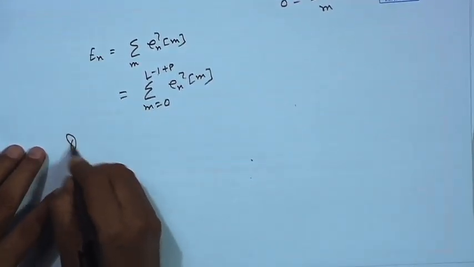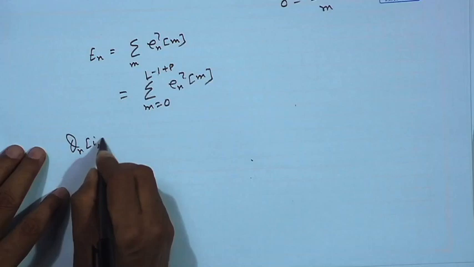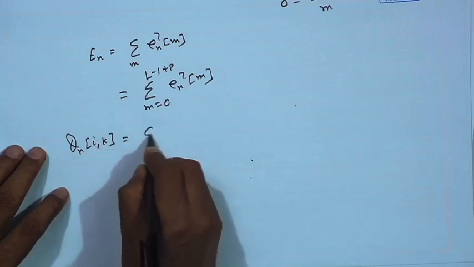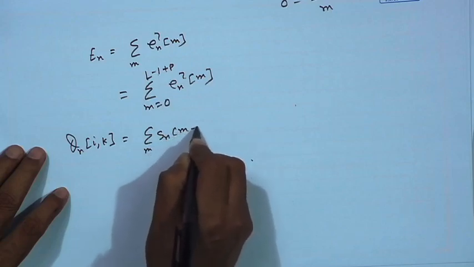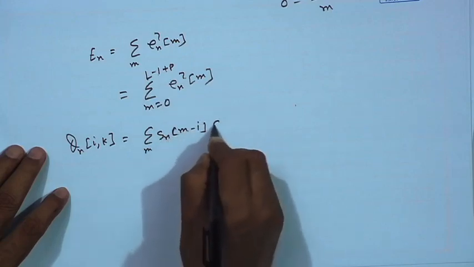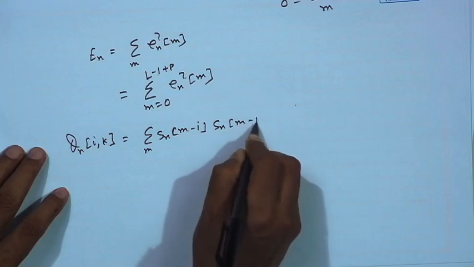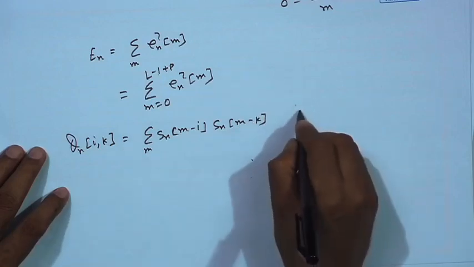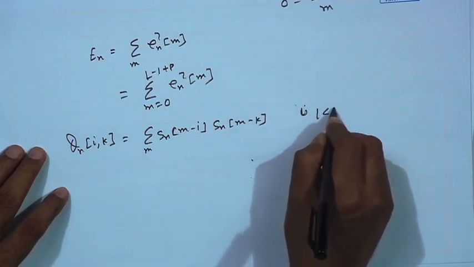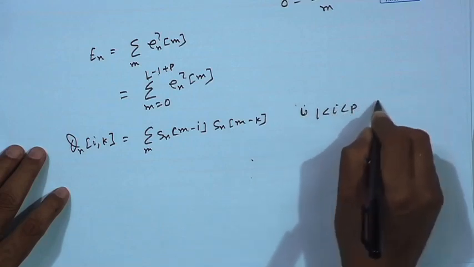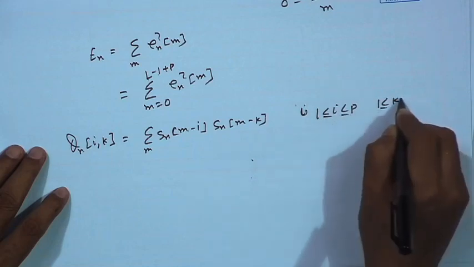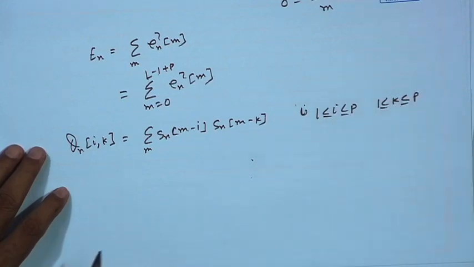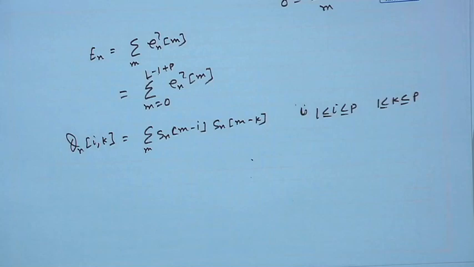Now, I know phi n of I, k is equal to the sum over m of S n of m minus I times S n of m minus k, where I varies from 1 to p and k varies from 1 to p. Okay.